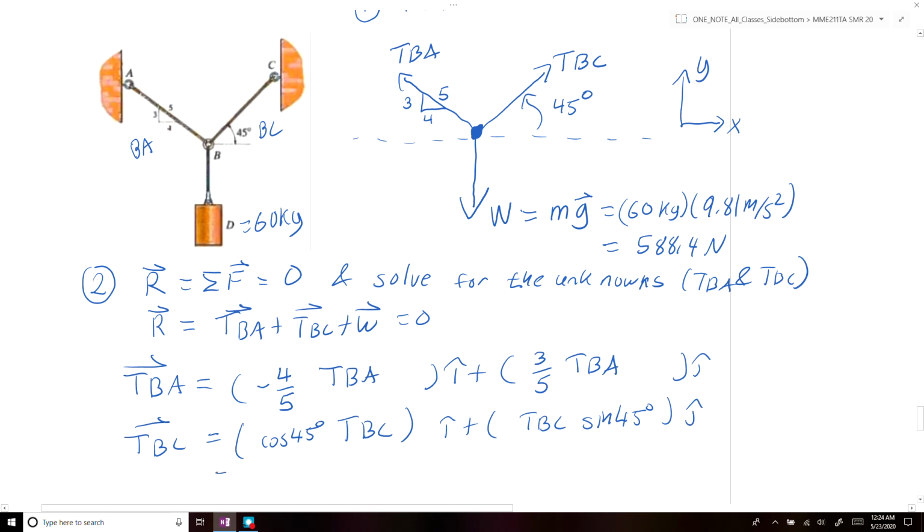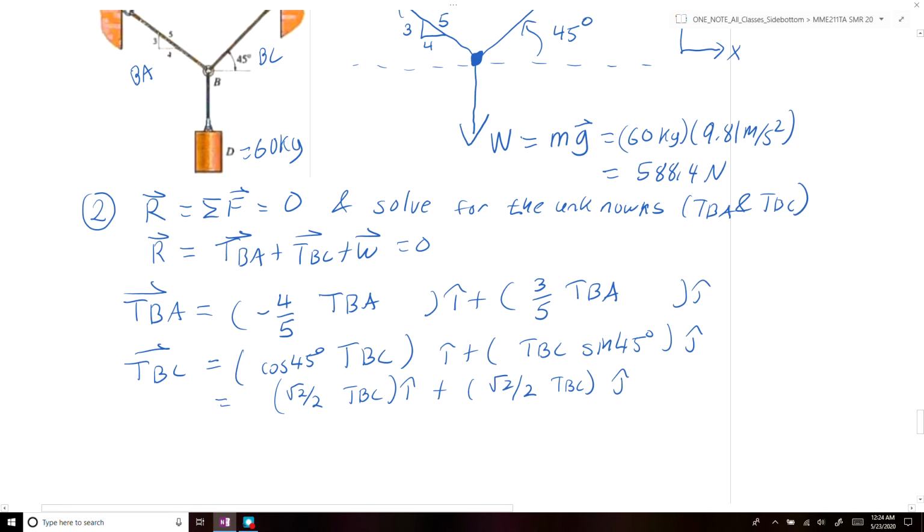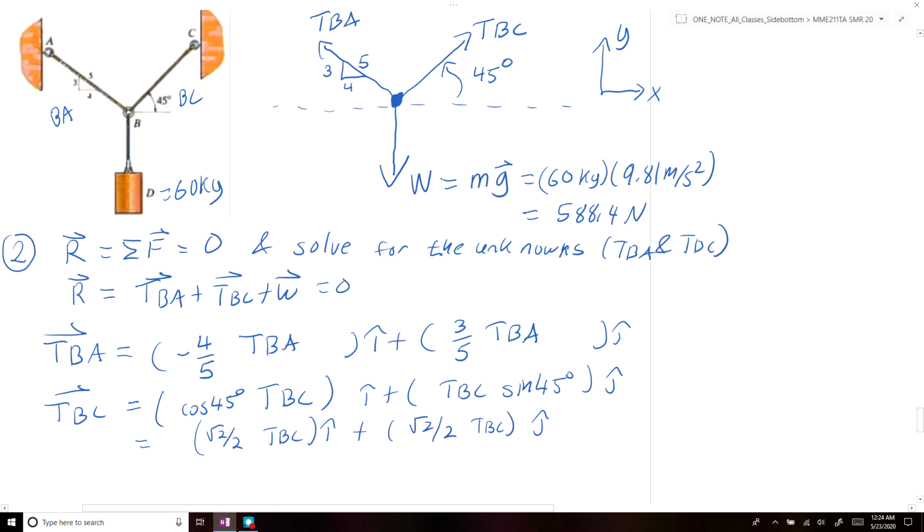We can simplify those down to radical 2 over 2 TBC times the unit vector i plus radical 2 over 2 TBC times j.